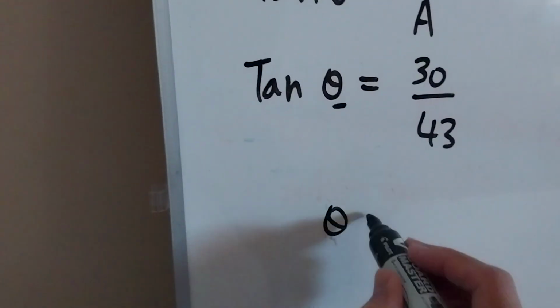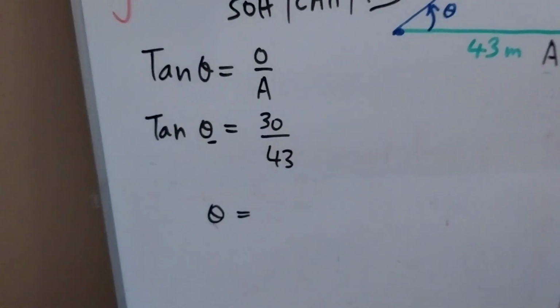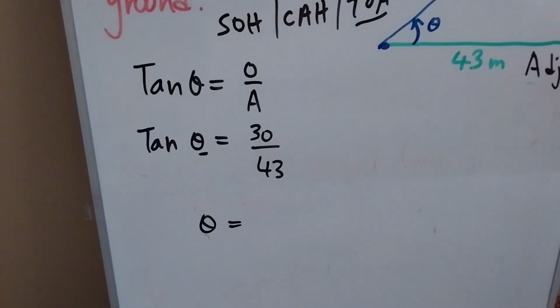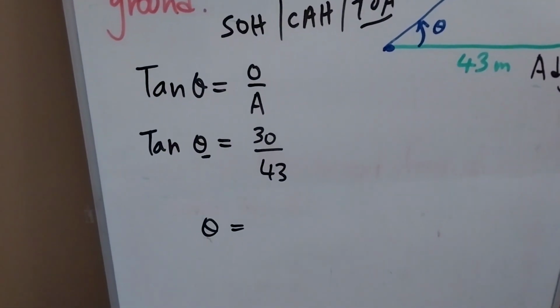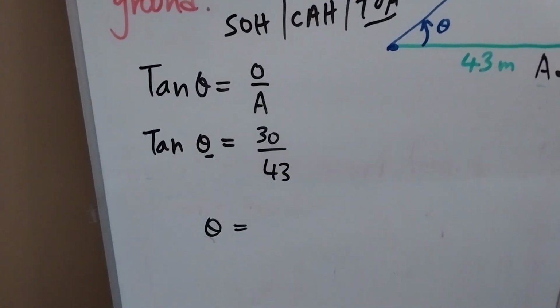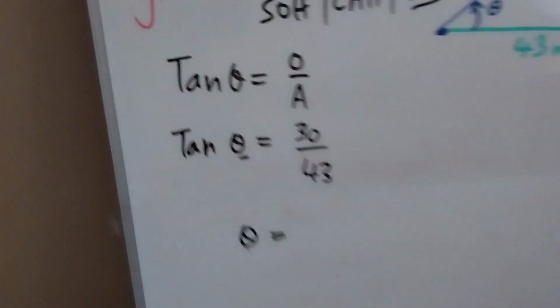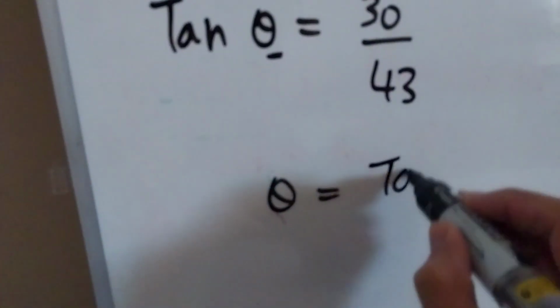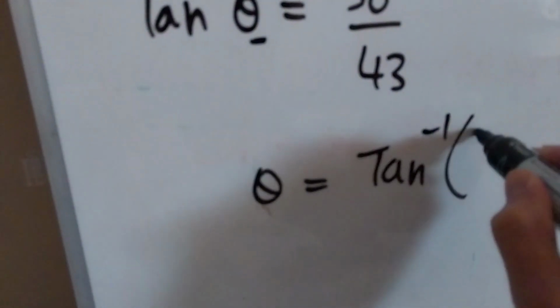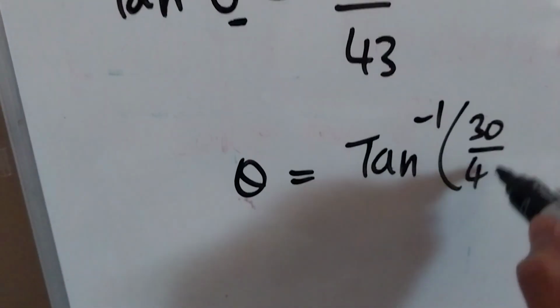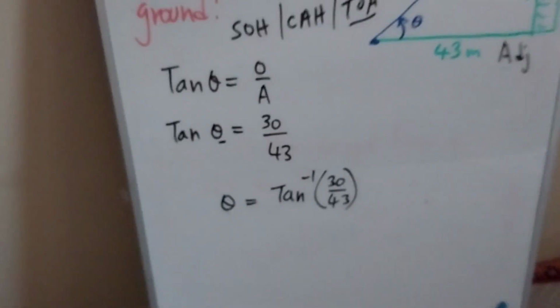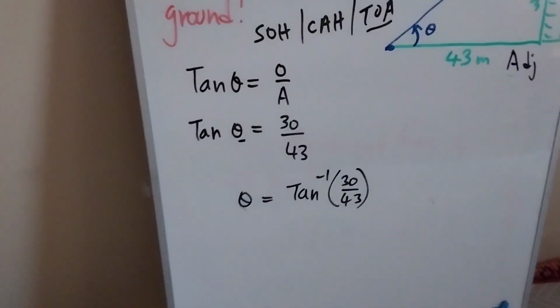So theta will be equal to, when the tangent from one side goes to the other, it becomes inverse tangent. On the calculator, we'll be pressing shift tan. So theta would be equal to tangent inverse of 30 over 43. So the calculator will help us out.